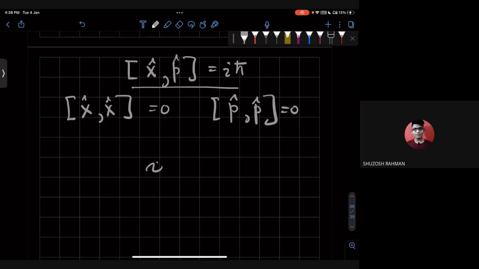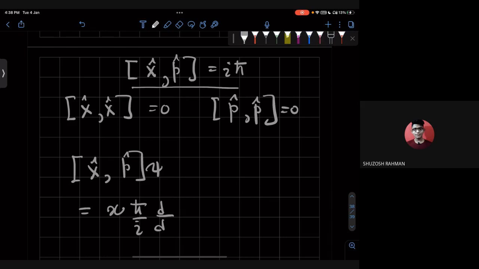For any wave function psi, if I apply to it the commutator of X and P, in the position representation X is nothing but just the number X, and P is h bar by i d by dx.